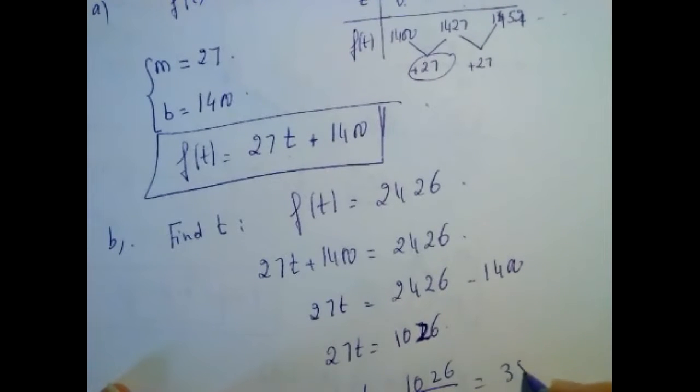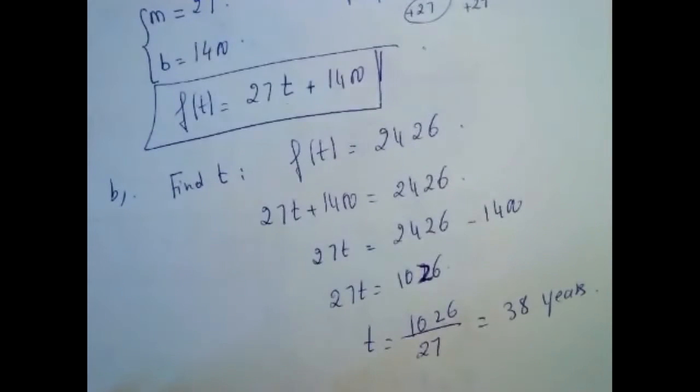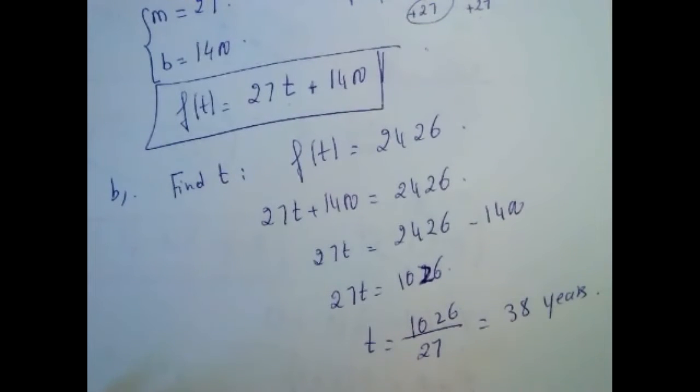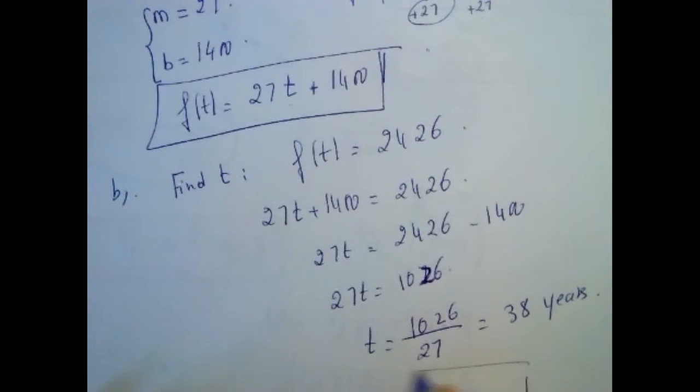That's the number of years. So in which year? That would be 2038, because t equal to 0 corresponds to the year 2000. So in the year 2038, there will be 2,426 people.